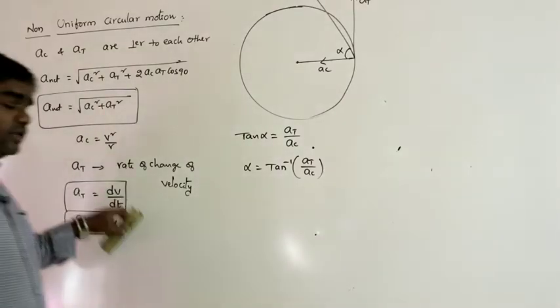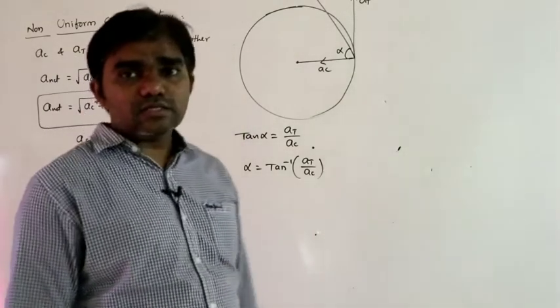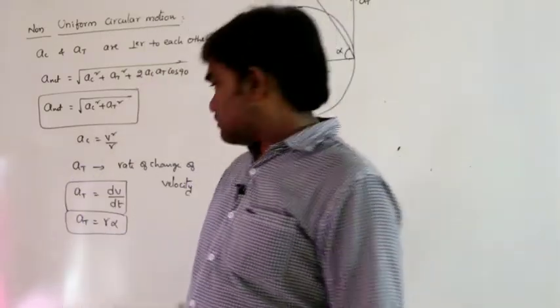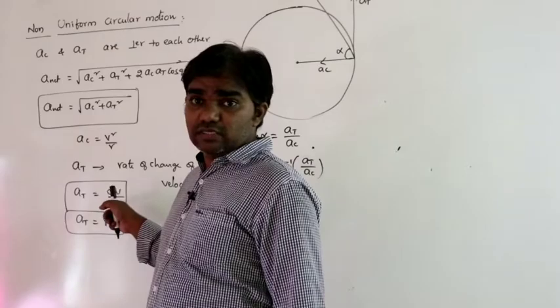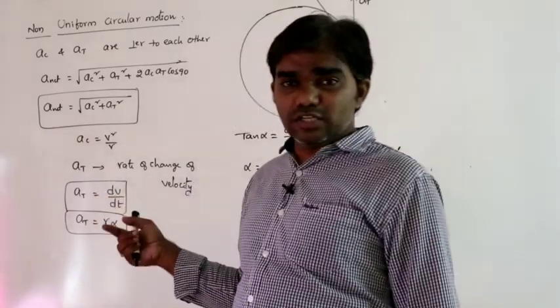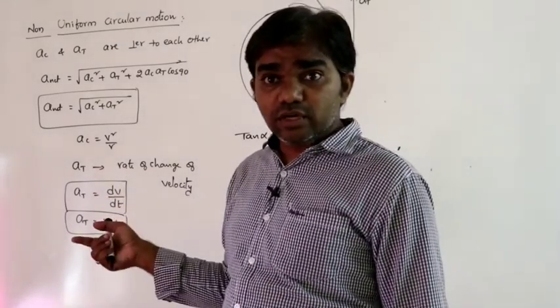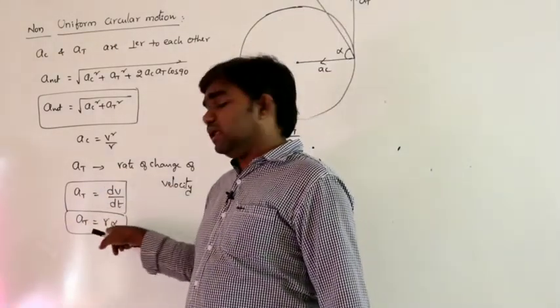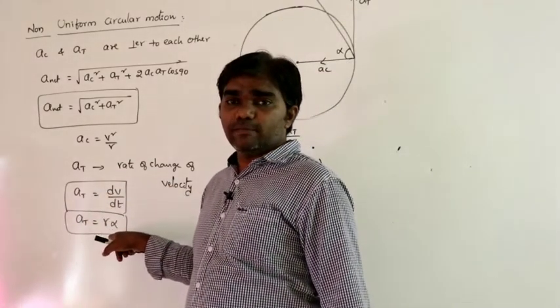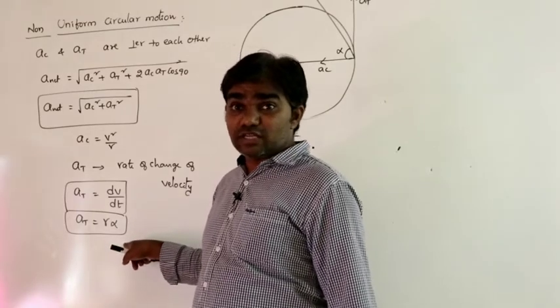AT is equal to dV by dt, or we can write it as R alpha. What is R? Radius. dV by dt is the rate of change of velocity, because its magnitude continuously changes. That's why AT can be written as R alpha. This is the formula of the tangential acceleration.